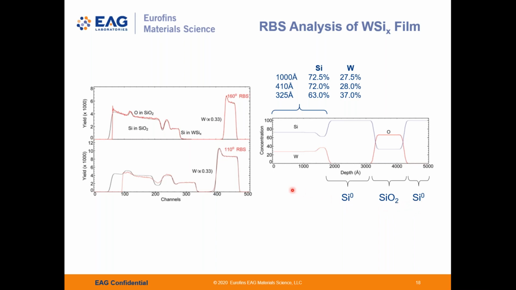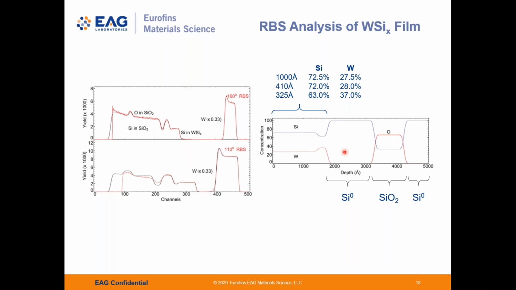The tungsten silicide top layer has a composition gradient as seen in the RBS data. On the left are shown the two spectra, 160 degrees on the top and 110 degrees. On the right is just a graphical representation of the structural model used to fit the data.